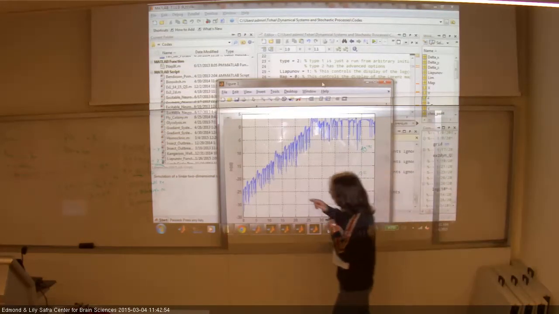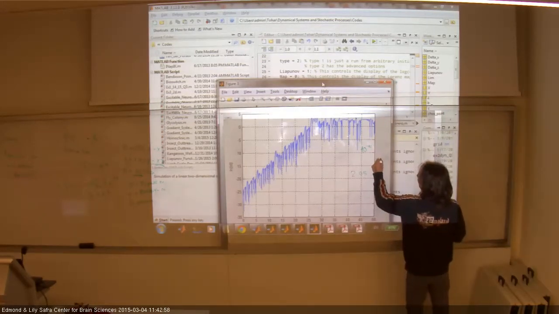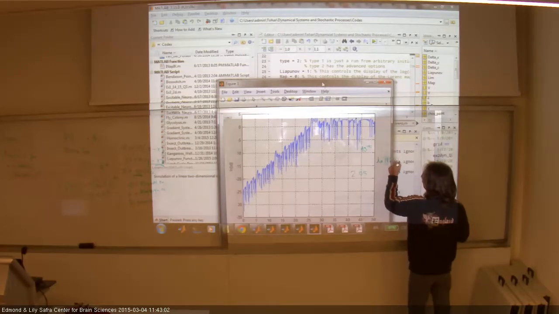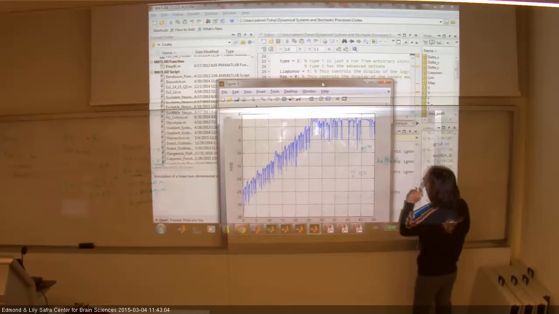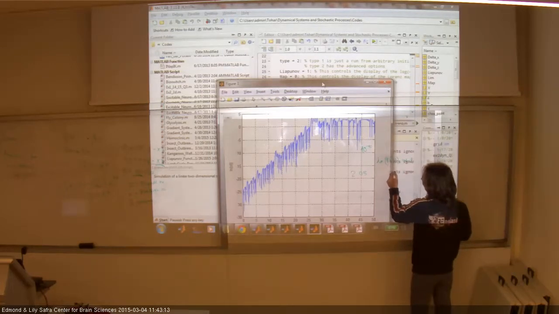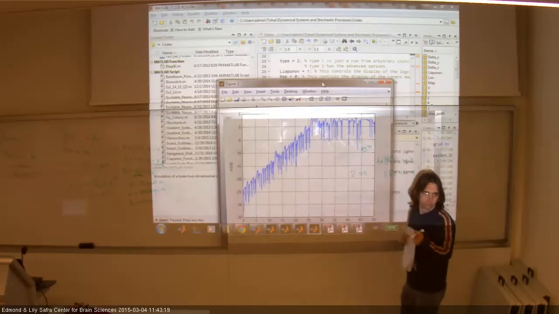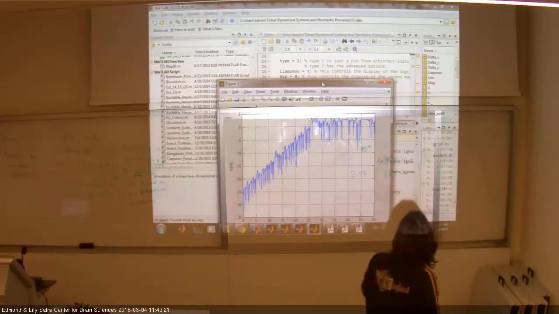So what we have here, remember, this is logarithm of delta as a function of t, and this is linear. If we take the exponent, we get that delta goes as exponent t.